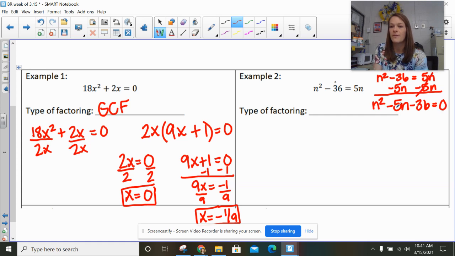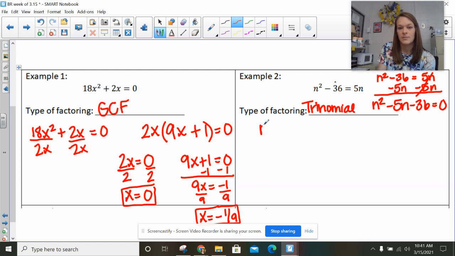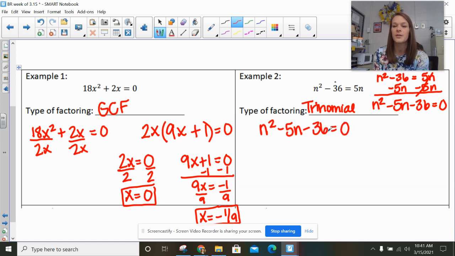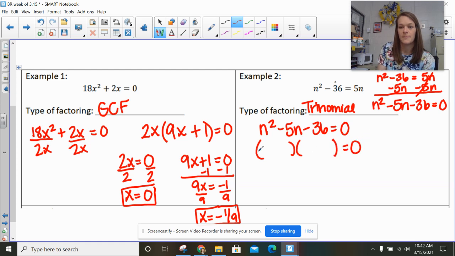Okay, now we have a trinomial. So this is just your trinomial factoring. So I'm going to write it down here. Now I'm looking for factors of 36 that subtract to give me a negative 5. So I know I'm going to have an n and an n.